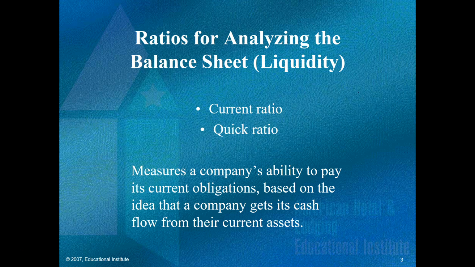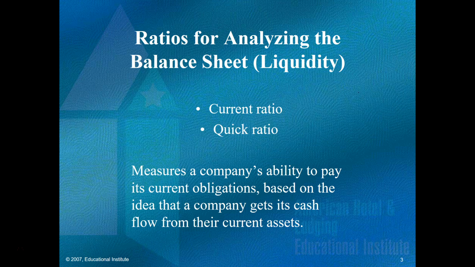And the focus for these two ratios is what we call liquidity. Remember, liquidity means how quickly something is going to turn into cash, or how quickly it is going to be a payment out of cash. Because the most important thing in your business is cash flow. If we run out of cash, we shut the doors.